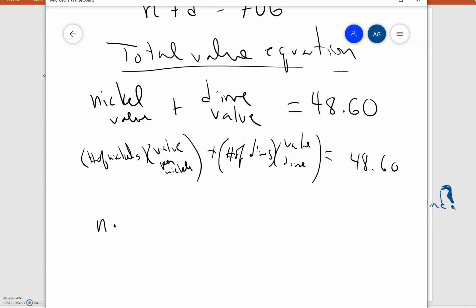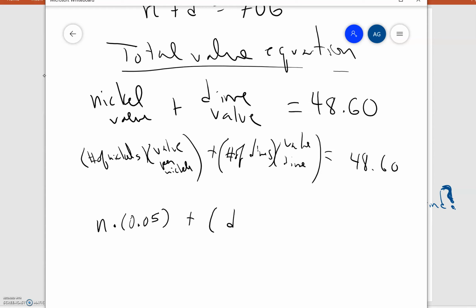The value per nickel, you do know this, although a lot of times people mess this up. What is the value of a nickel? It's 5 cents, so this is going to be 0.05. If you put 0.5, that would be 50 cents. Just be careful that you don't make a little mistake like that and throw everything off.